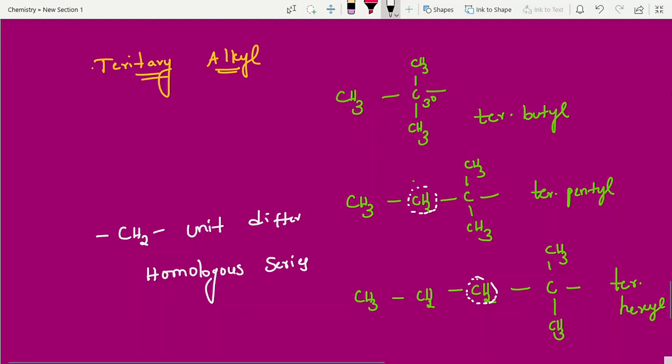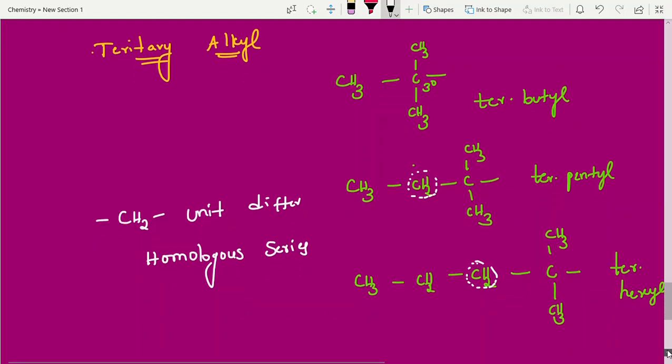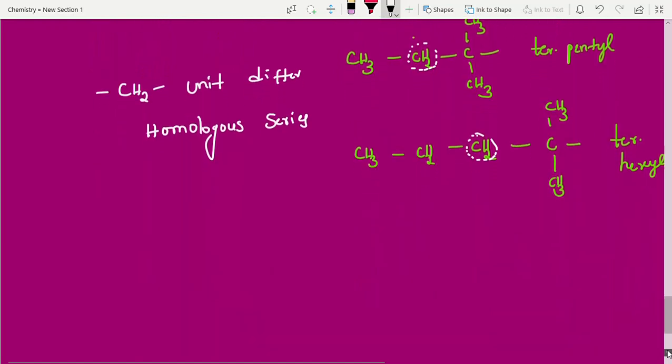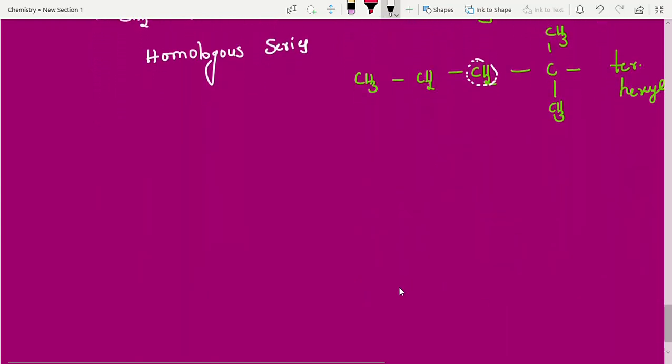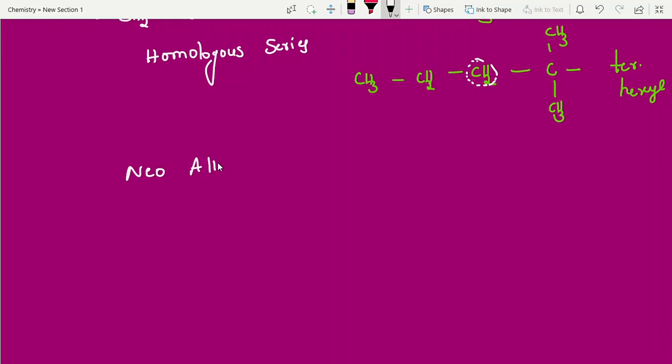Okay, now next one. Neo-alkyl. What is that, students? In today's session, last point. Neo-alkyl. Best example, neopentyl: CH3, C, CH3, CH3, CH3. This is neopentyl.